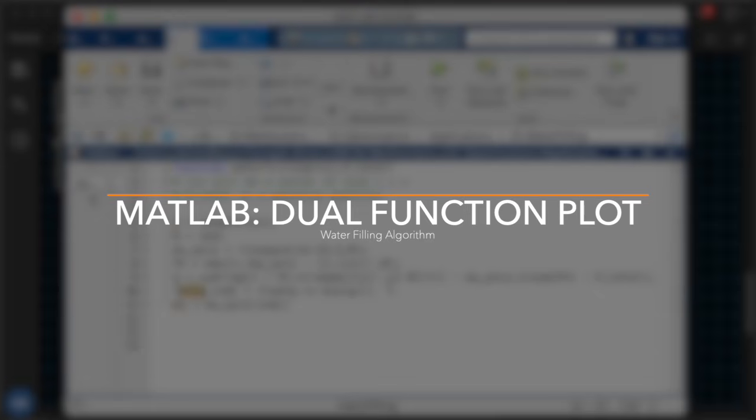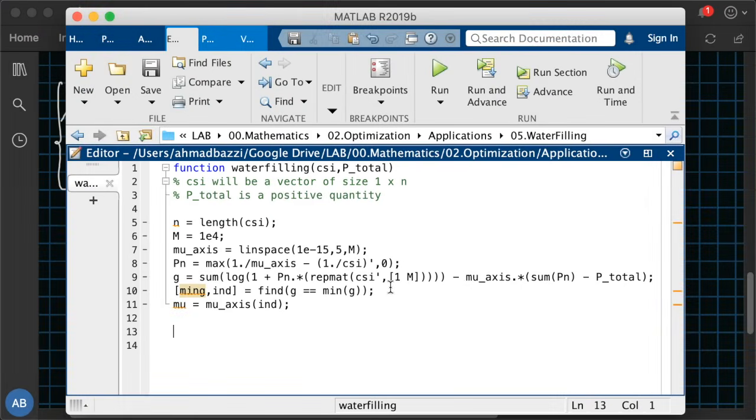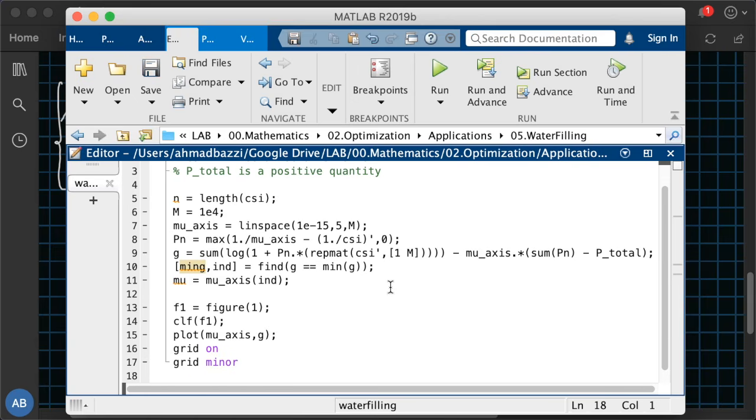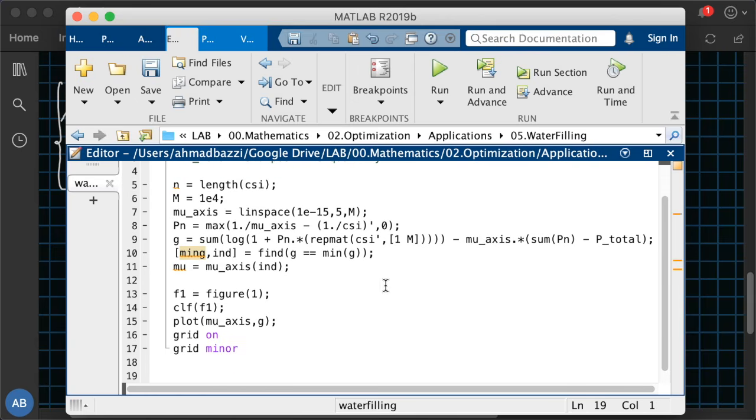Now over here, let's do something before we continue. Right now, we're going to open a figure and plot the mu axis with respect to g. Okay? Take some grids and let me just print the mu.